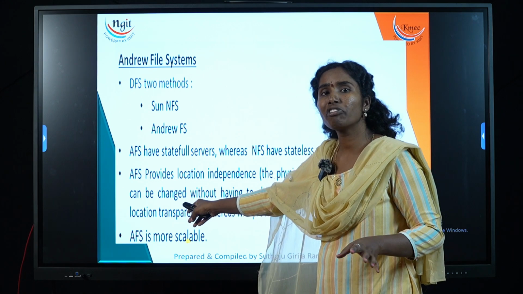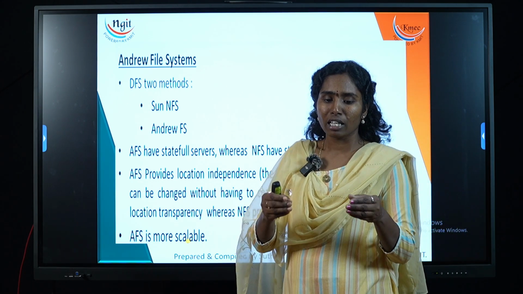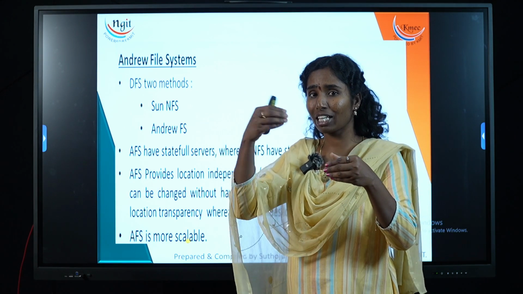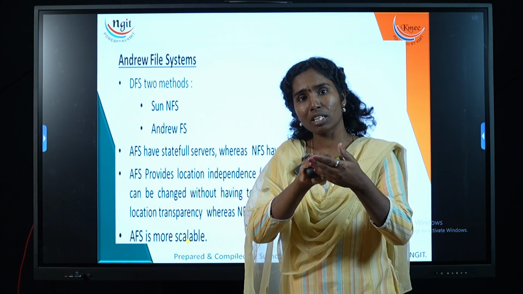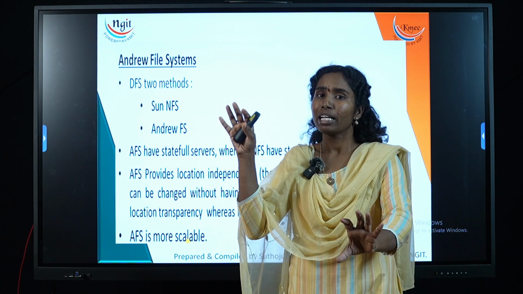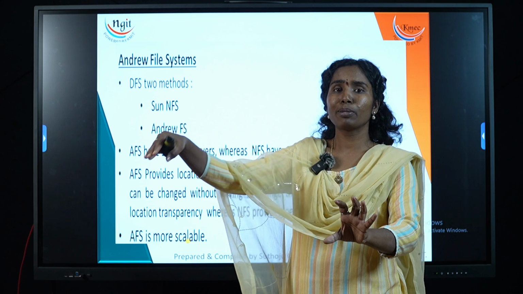And coming to the AFS, it can provide your location independence. See, in NFS, we need a client to give the request. Now my server will give the location where our file is located. Then my client will analyze where that location is available in the network.